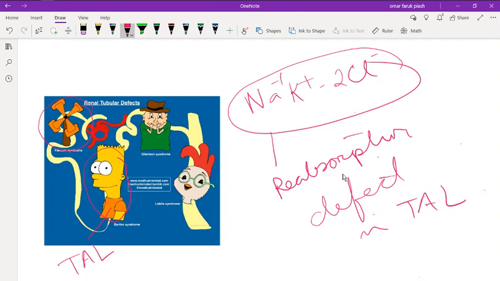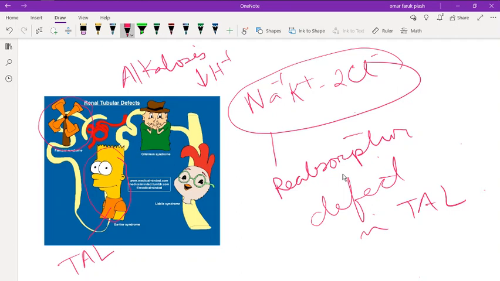Here there is metabolic alkalosis and hypokalemia.